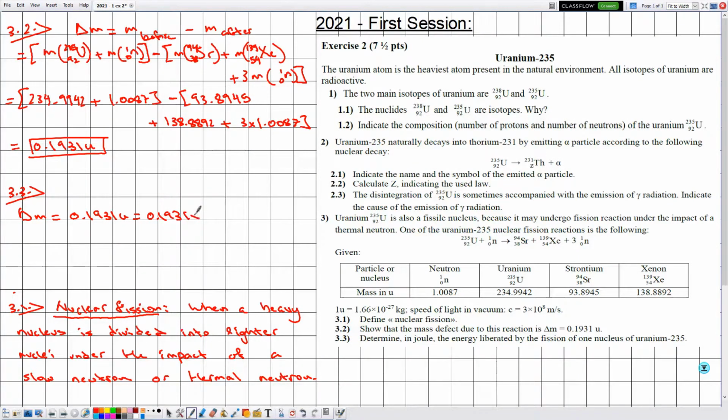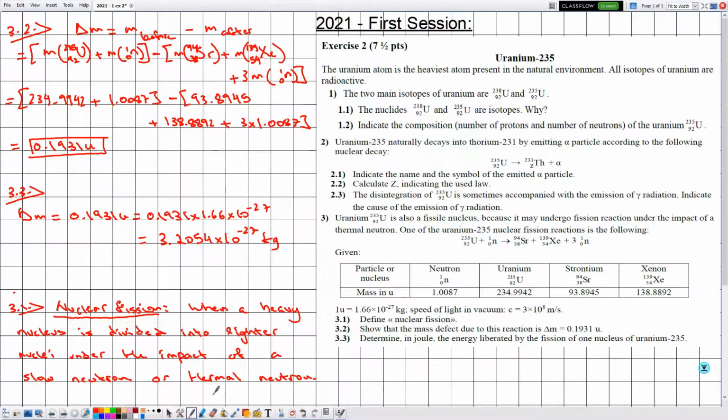Now plugging this into the calculator, one can find that delta m is given by 3.2054 times 10 to the power minus 27, and now the mass is given in kilograms. And now one can determine the liberated energy using the mass energy equivalence.